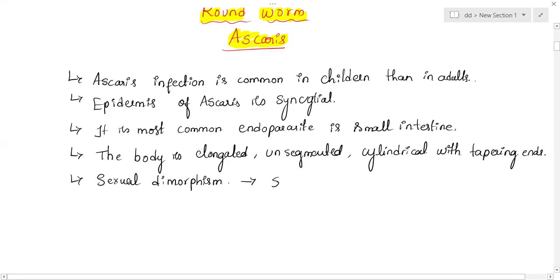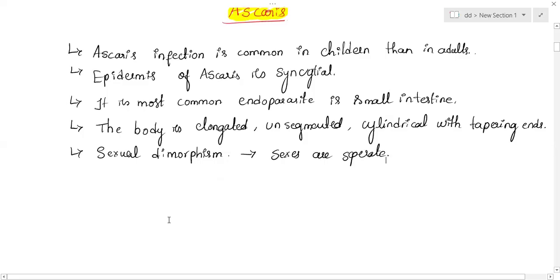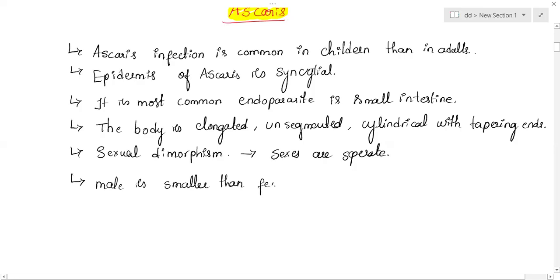That means the sexes are separate. Here the male body is smaller than the female.